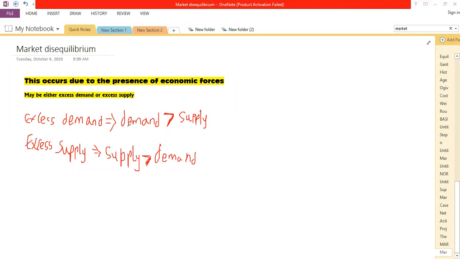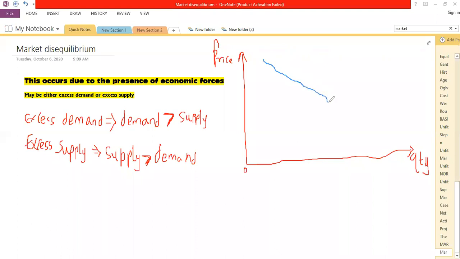To illustrate the result of these two forces, if either of them were to exist in the market, I'll consider a graphical representation here. We have the quantity and we have the price. On a graphical representation, again, we represent both the demand curve and the supply curve.